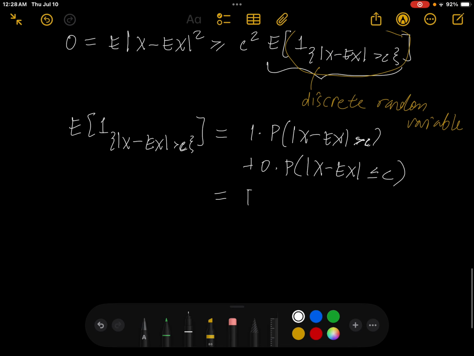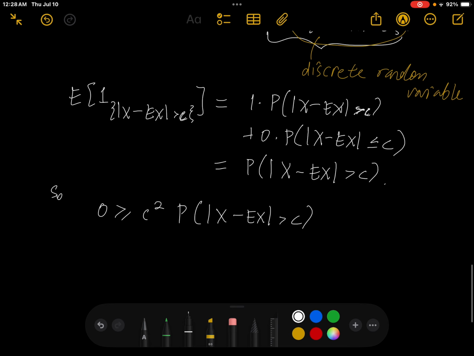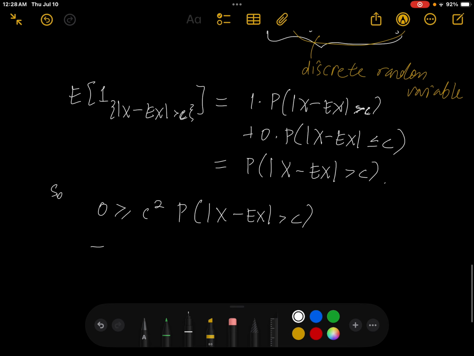Well, this is equal to the probability that the absolute value of x minus ex is greater than c. So we get that 0 is greater than or equal to c squared times the probability that the absolute value of x minus ex is greater than c. Well, we know that c is positive, so it doesn't actually matter what c is.